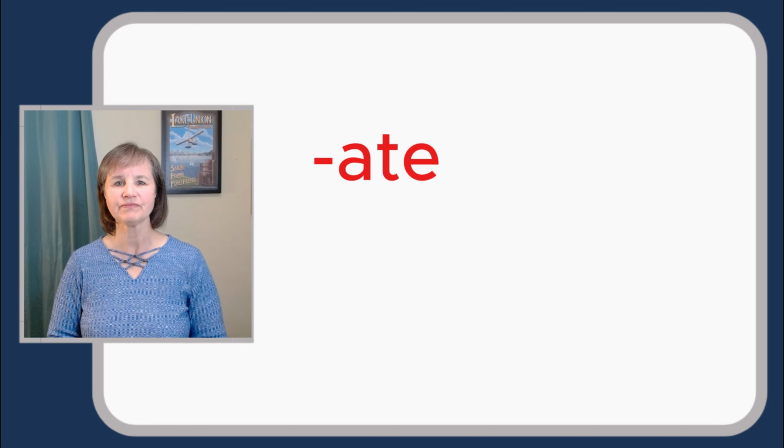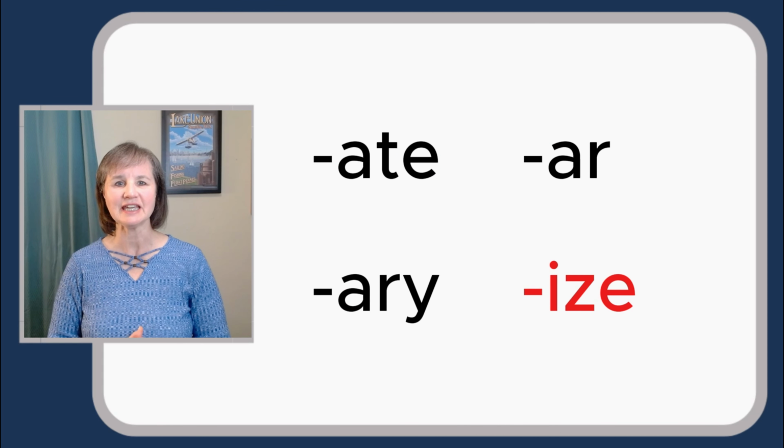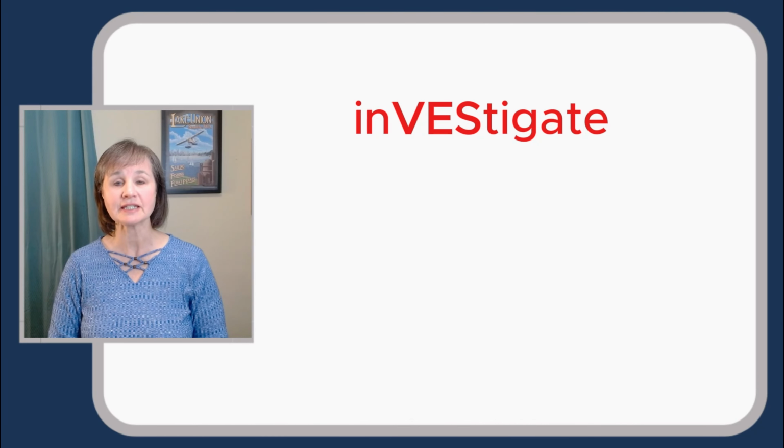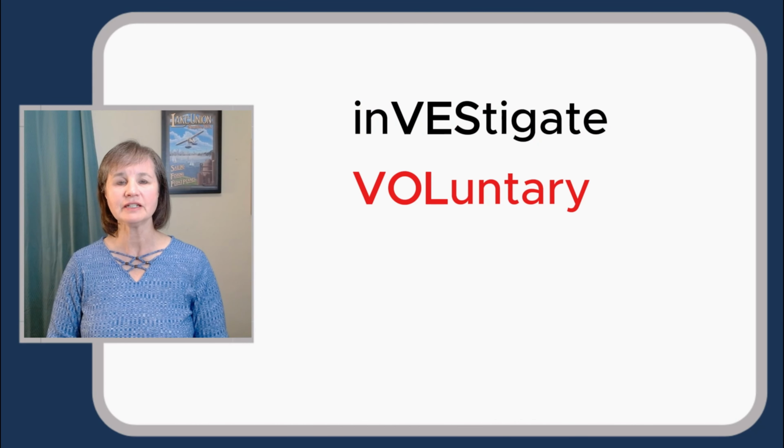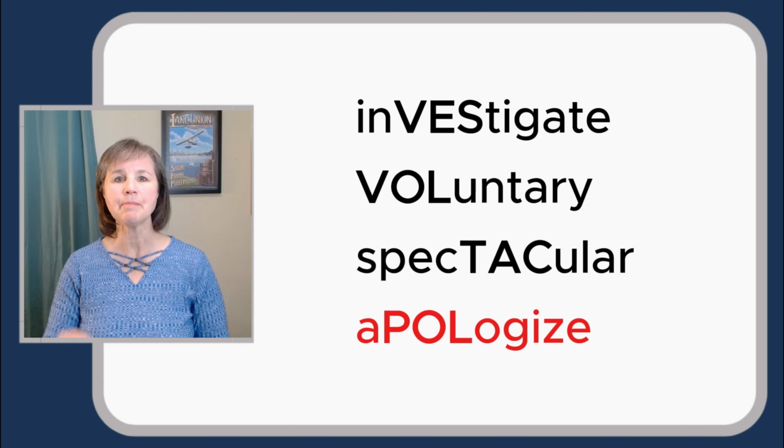So this is why I call them the AI suffixes. And here they are: ATE, ARY, AR, and IZE. Examples include investigate, voluntary, spectacular, and apologize.